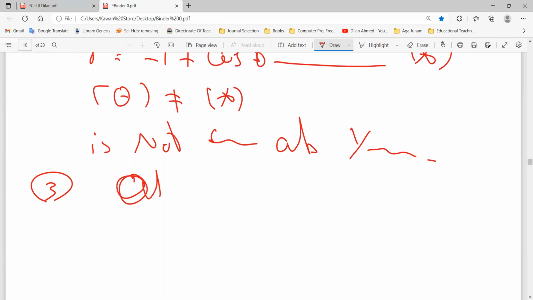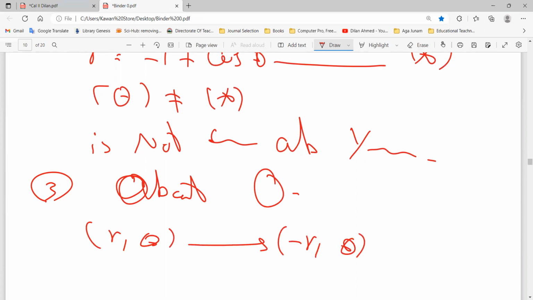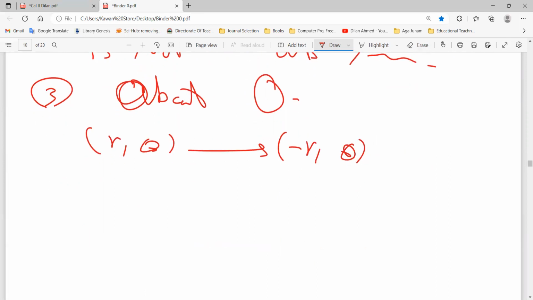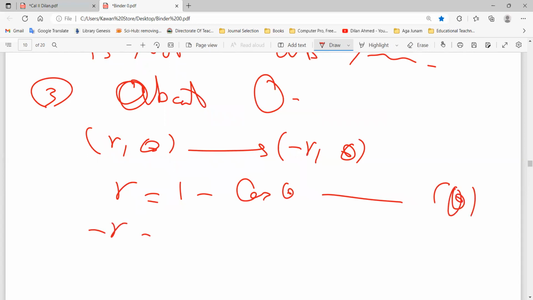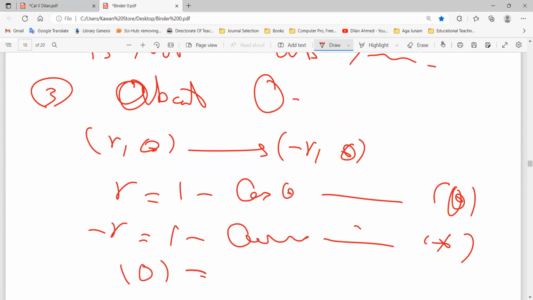How about the origin? About the origin, (r, theta) is going to be what? (minus r, theta). (r, theta), here I am. I'm going to go to there. So I'll get minus r equal to 1 minus cosine theta. My original example will change to this; it's not equal, right?